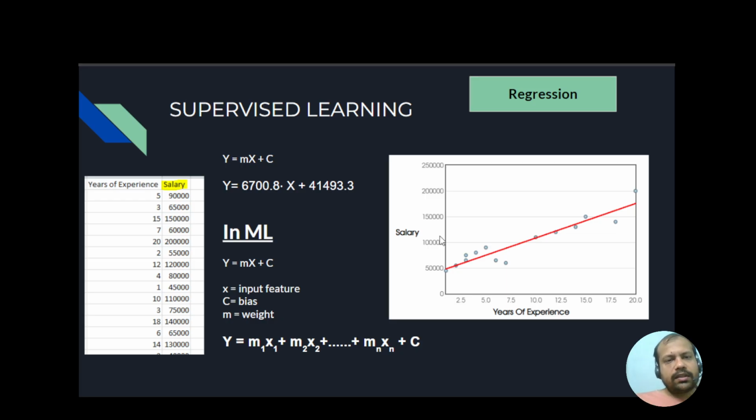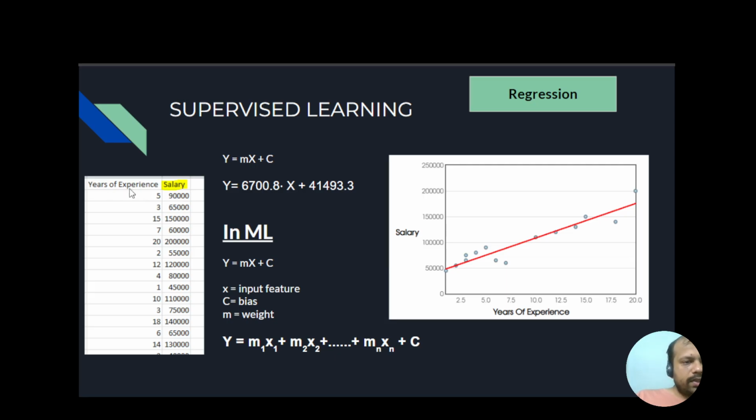When you convert it into machine learning, the understanding of that thing will change, but the concept will be the same. When you are using a supervised learning regression algorithm, x will be termed as the input feature. A feature is what your output depends on.